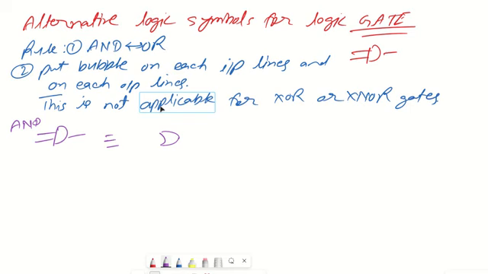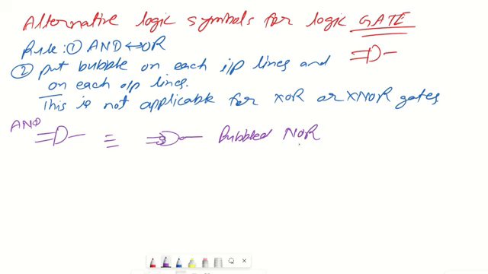So it will become like this. This is my bubbled NOR, okay. So the AND gate is actually this one: a NOR gate with bubbled inputs, so this is bubbled NOR.